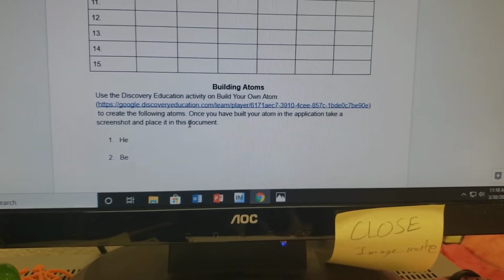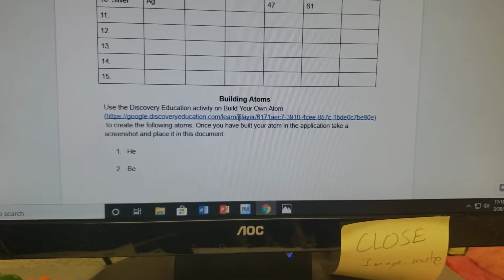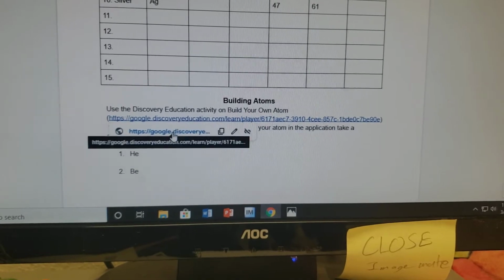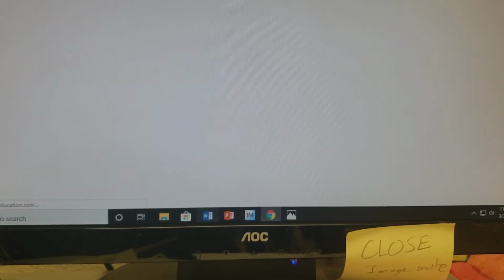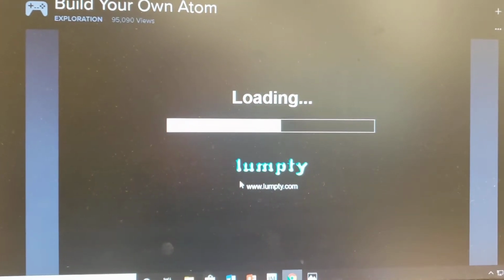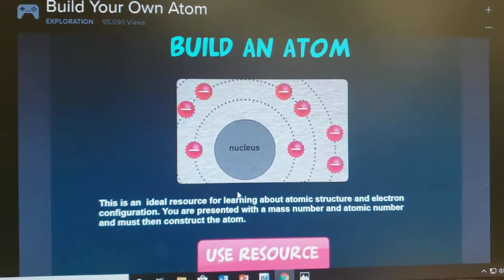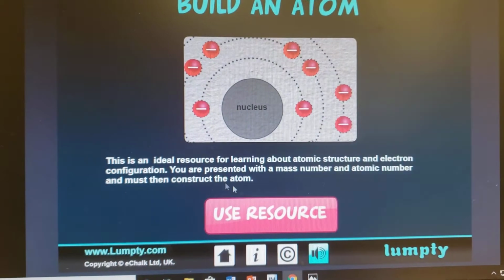For this next part, we are going to be building atoms in this little interactive here from Discovery Education. We're just going to click on that and it should bring us to a new page where we can look at this little activity. Let me know if this doesn't work for you, but I've been testing it with other students and it has been working.